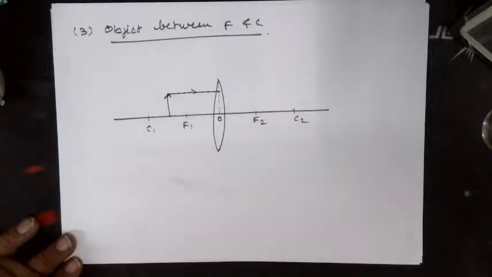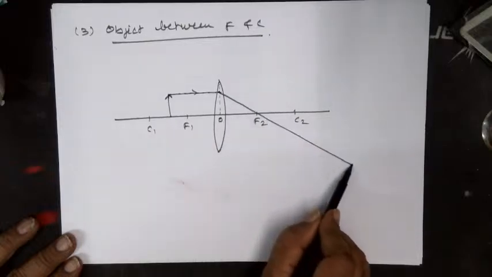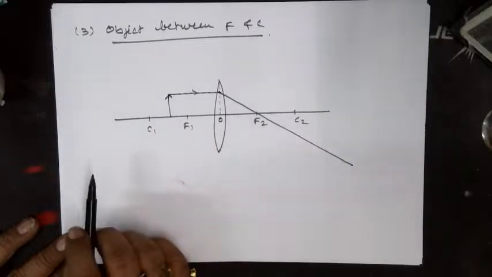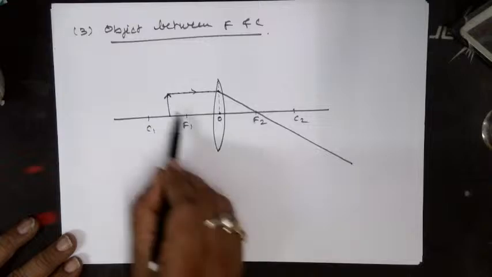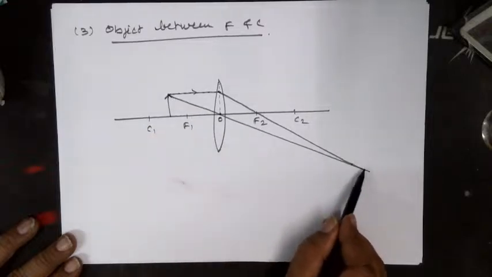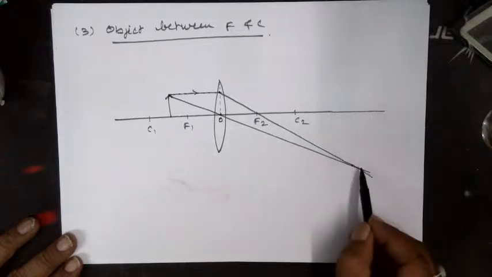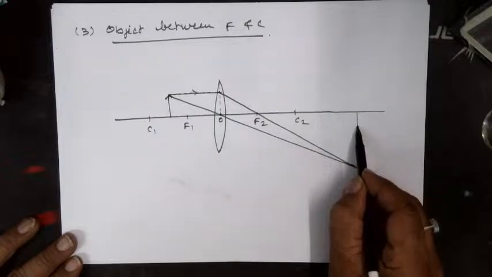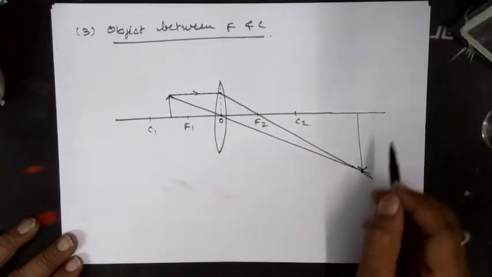So in this case it goes like this, straight, then passes through F2. Another line is passing through O, that goes undeviated, and it crosses beyond C2 as an inverted enlarged image.